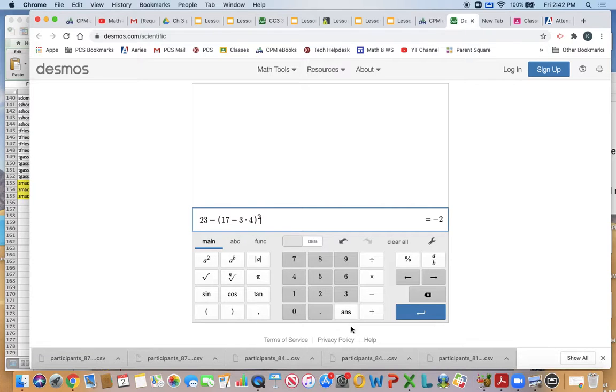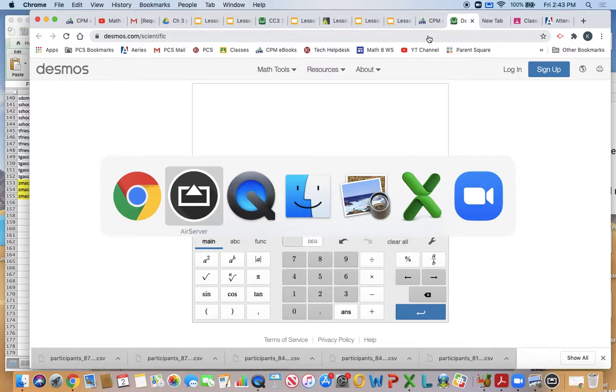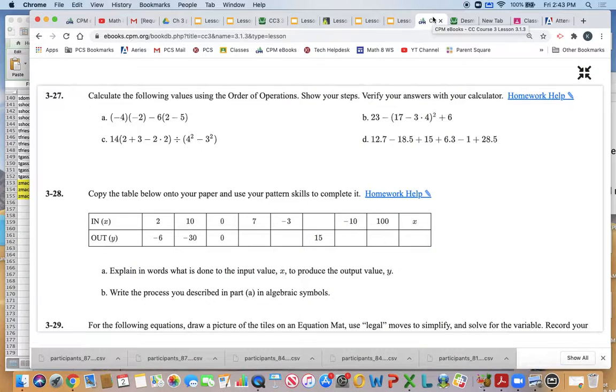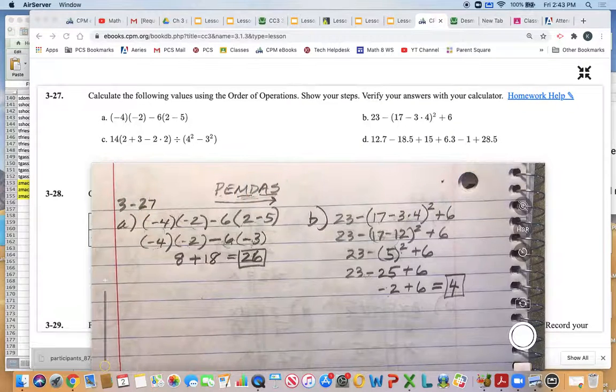And then we had a plus 6. Okay, and that answer, as you can see right here, is 4. And that is what we had on our paper too. All right, so let's move on to the next problems.